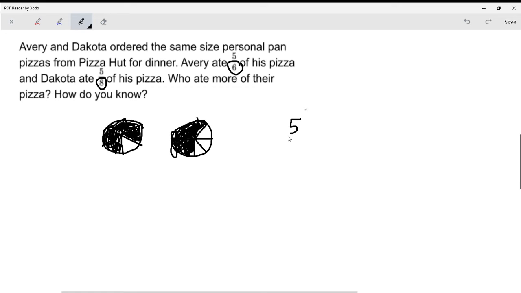There are a couple of things. First of all, the lower the denominator, the fewer pieces we split the whole into, and the larger the pieces are going to be.